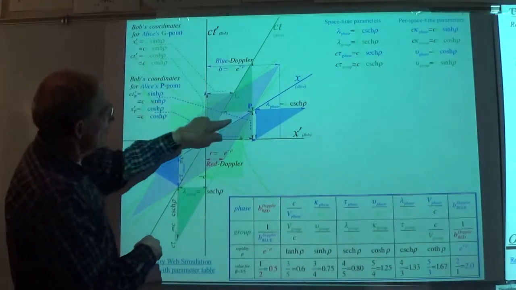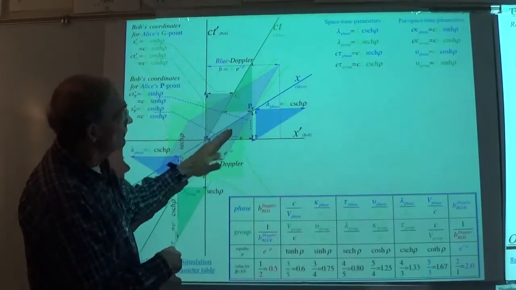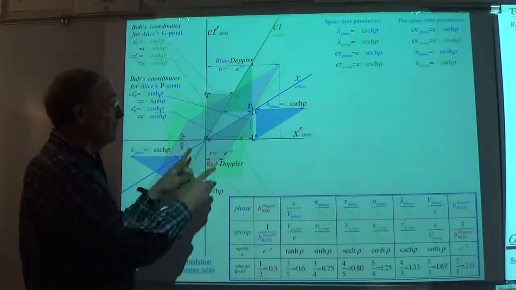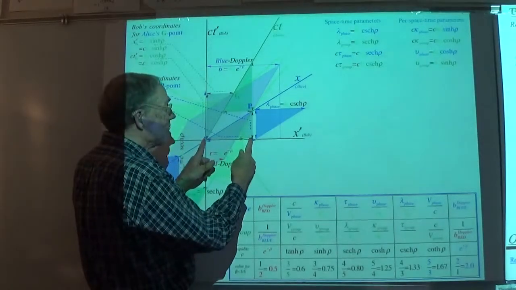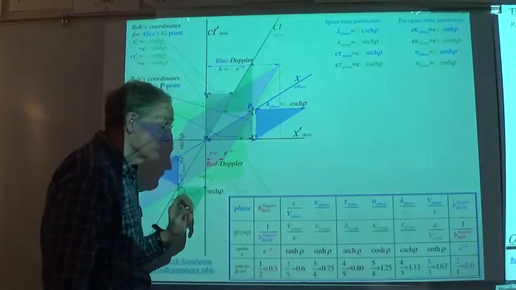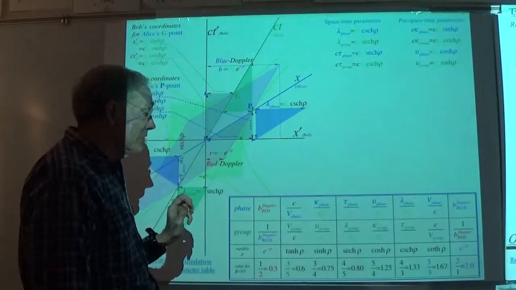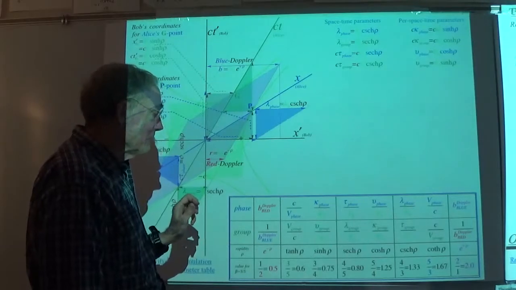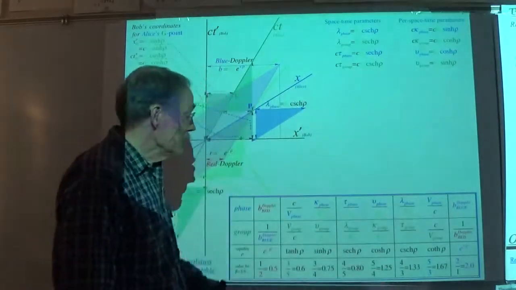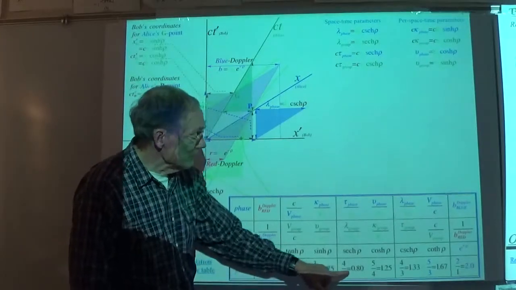There's the hyperbolic sine of the tipped over triangle that goes with the phase, you see. There isn't that much difference between 0.75 and this thing, the hyperbolic cosecant. The hyperbolic cosecant is 1.33 here, and this is 1.25. This one is 0.75, and this is 0.80.